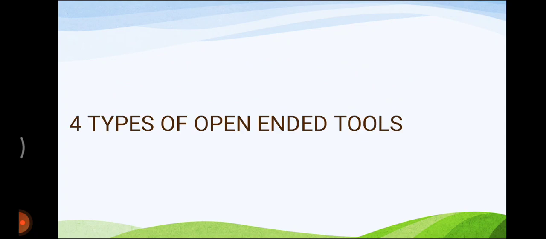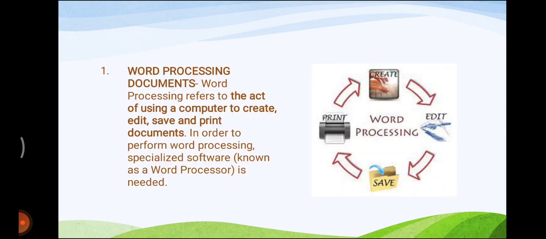The first one is word processing documents. Word processing refers to the act of using a computer to create, edit, save, and print documents. In order to perform word processing, specialized software known as a word processor is needed.